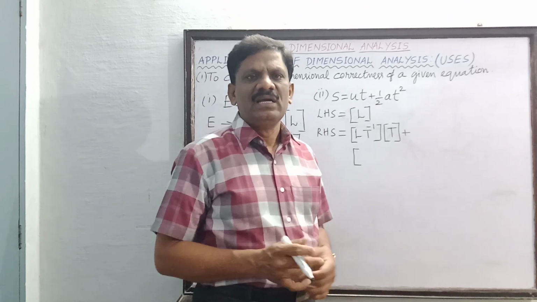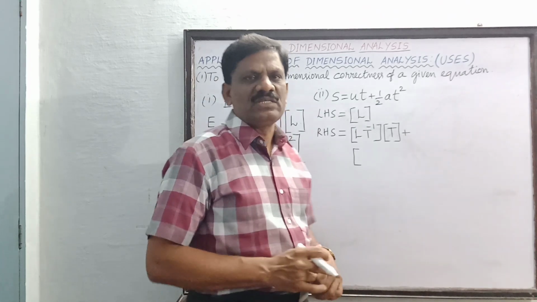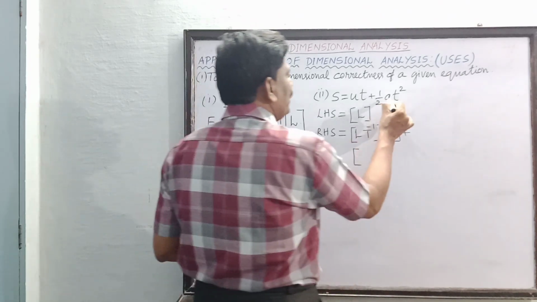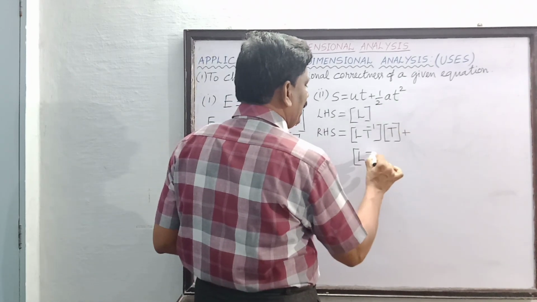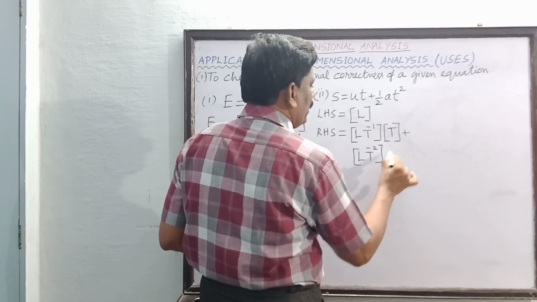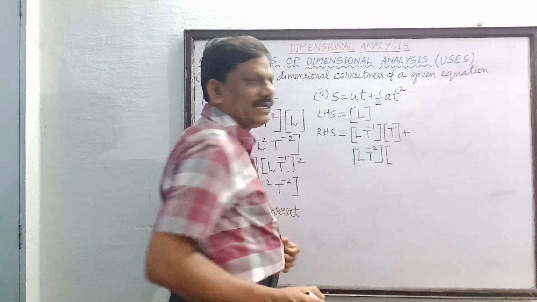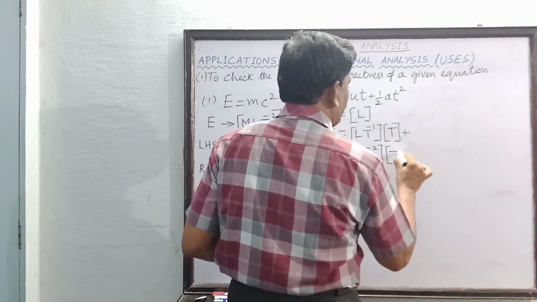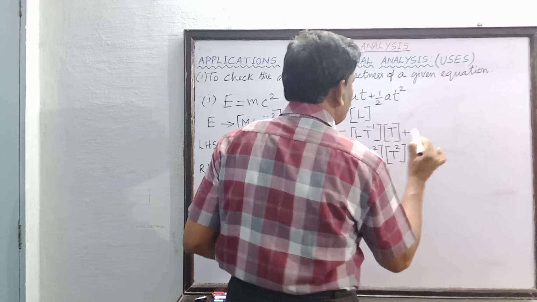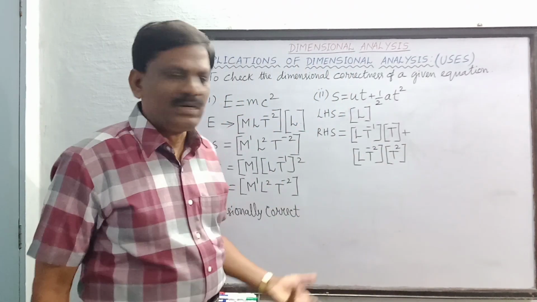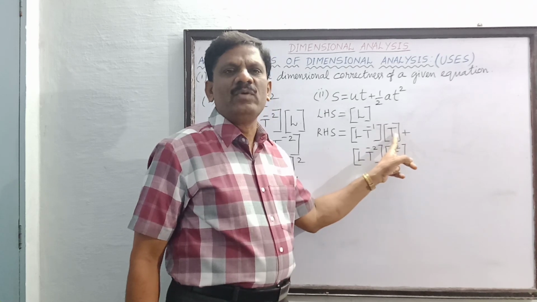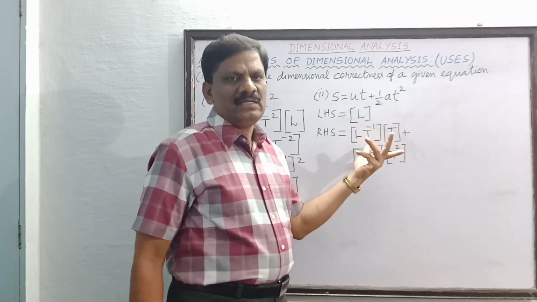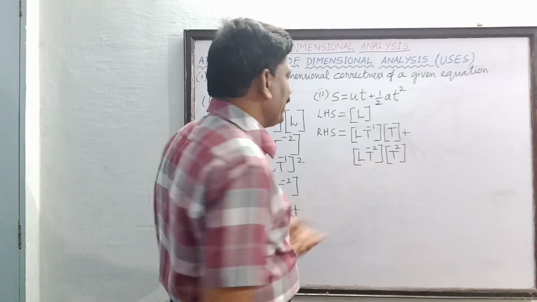Numbers do not have any dimension, so half does not have any dimension. A is acceleration. Acceleration is what? L T power minus 2 into t square, time square. So this time square is T power 2. Very simple. Now you see this T power minus 1 multiplied with the T power 1 will give you what? 1, is it not? They will cancel each other.